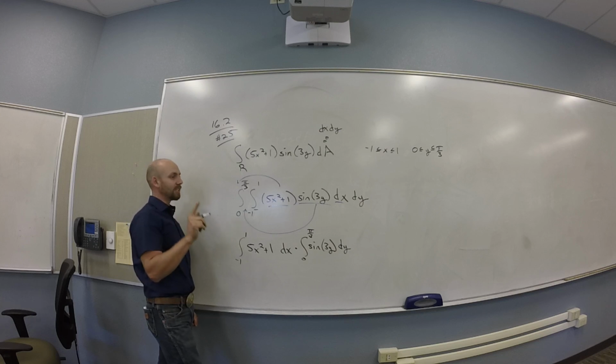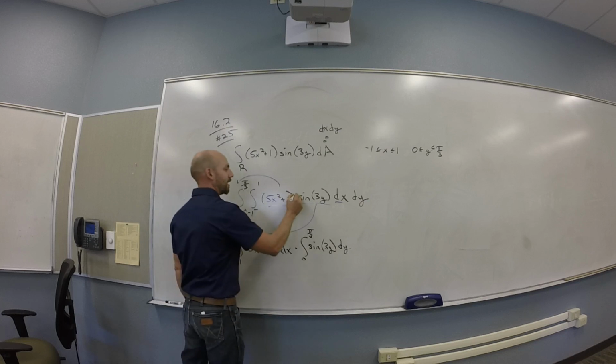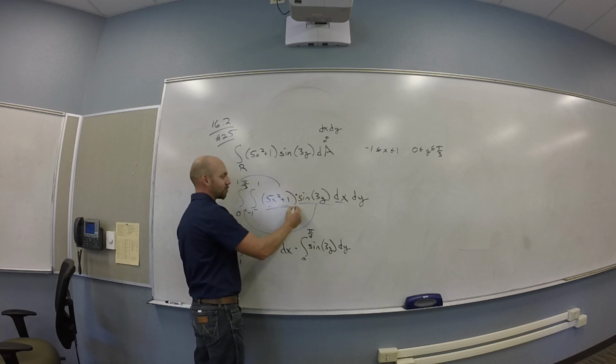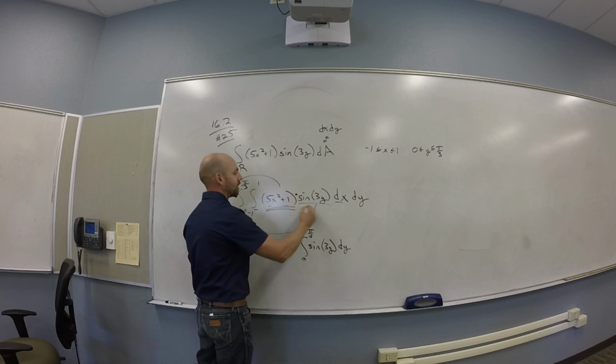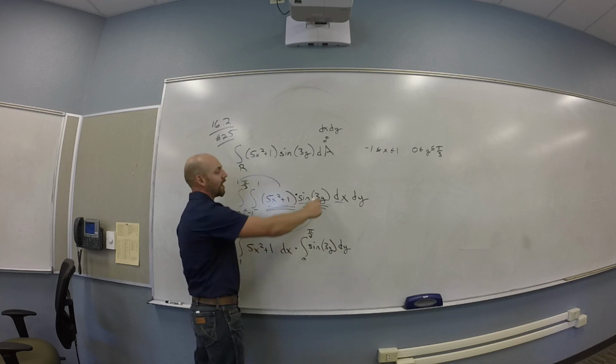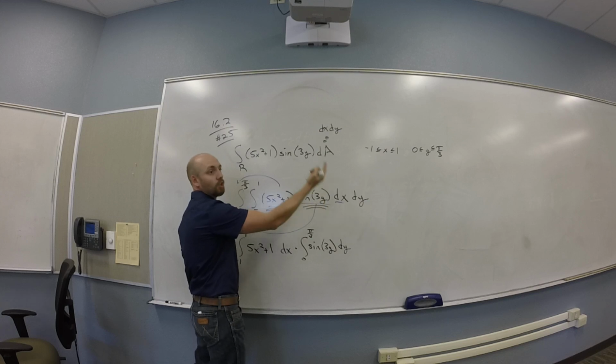And the only reason this thing worked is that this was a function of x times a function of y, and they're independent of each other. They're not entangled at all. If you had an x in here, you couldn't do this.